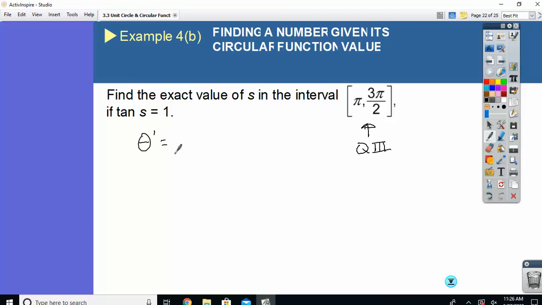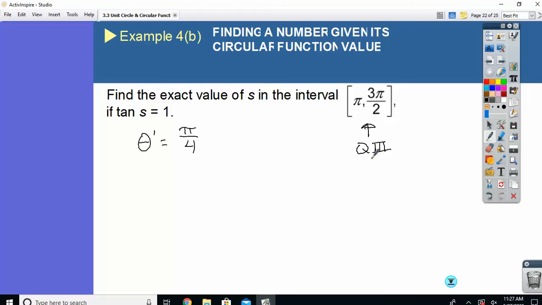So I'm going to find my reference angle. When is tangent 1? When x and y are the same. So if you think about your circle, that point where x and y are the same, that's 45 degrees, which is pi over 4, because we're in radians. So now if I want pi over 4 in quadrant 3, what do I do?